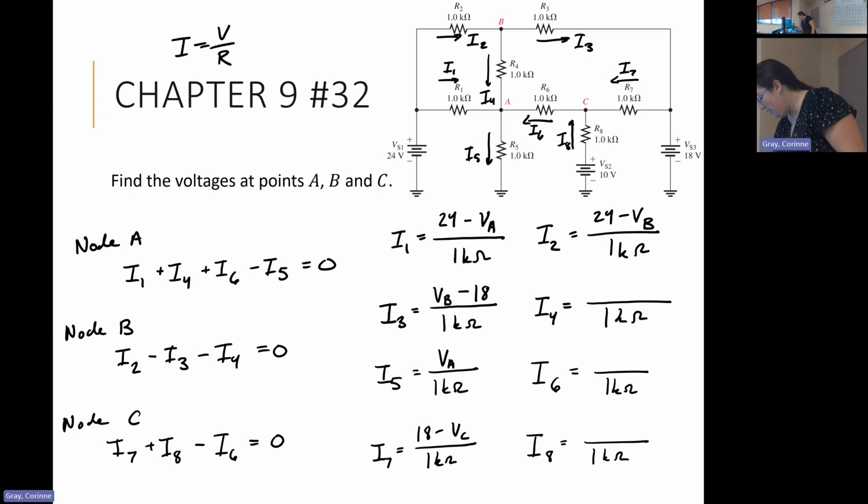I'll have 10 minus VC. So these are looking at, as much as we could to start with, a battery and a node. You don't have to do it this way. You can do them in order. It doesn't matter, but that's how we did it.